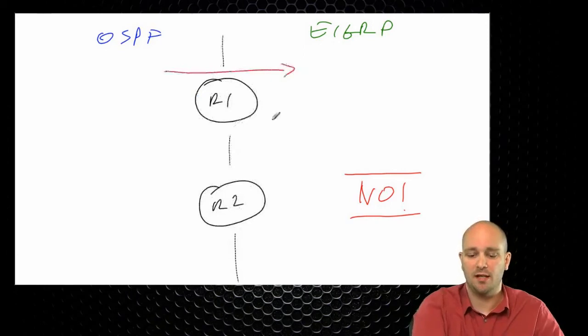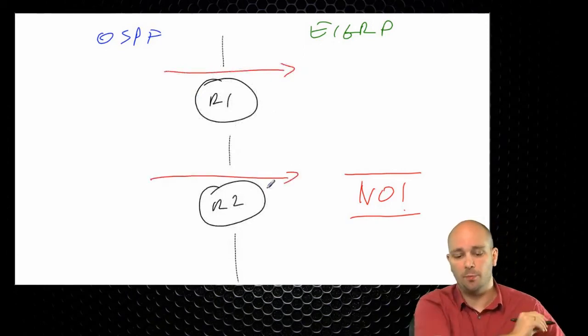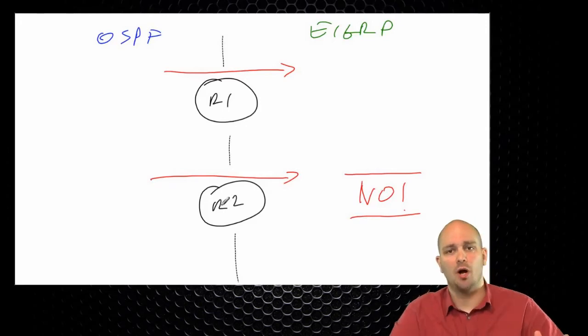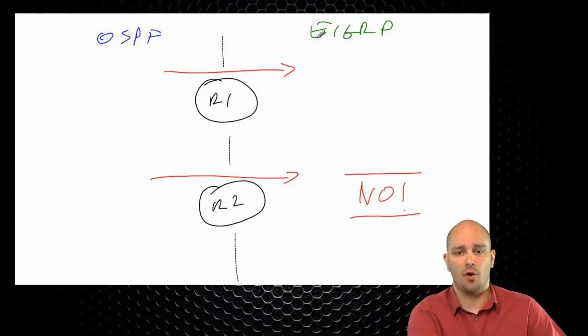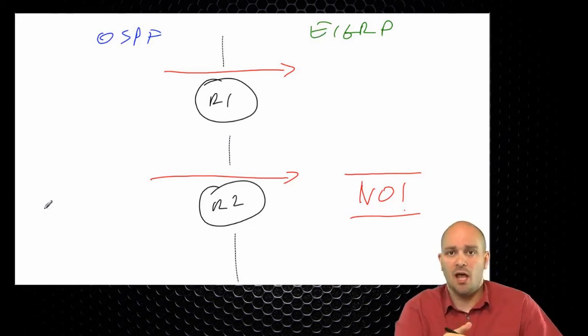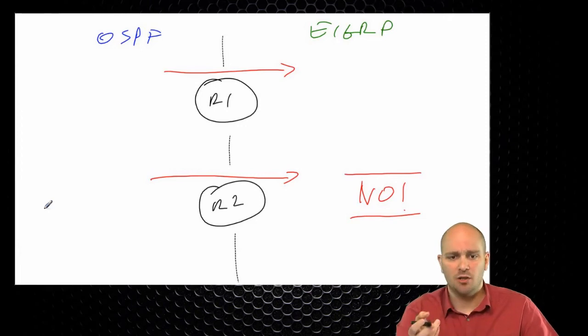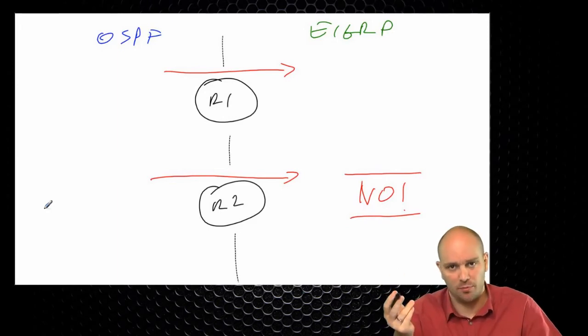The only thing that I care about is that I'm asked to perform redistribution like this. So both R1 and R2 are redistributing, but only from OSPF into EIGRP. There is nothing redistributing these routes back. Now, in this scenario, I have a lot of opportunity for very bad routing, for suboptimal paths and God knows what, but can the loop form? The answer is no. Very, very unlikely. It's not possible for a loop to form.